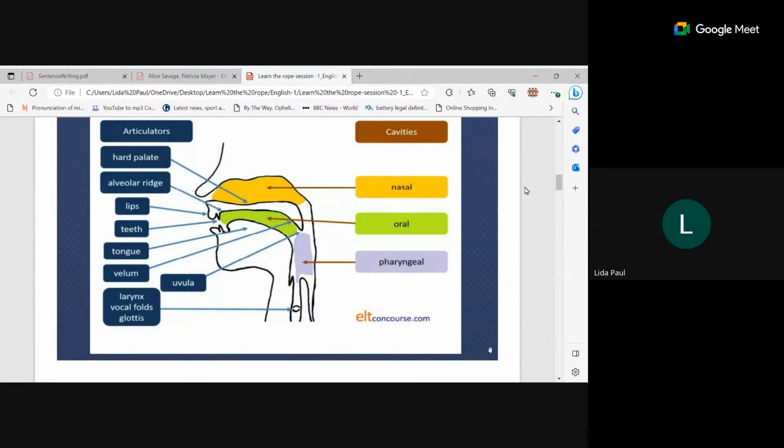And to be precise, what does this show? This basically shows the articulators involved in the speech production mechanism in human beings. That is, this is what lets you speak, right? What lets you speak? The exhalation of air through this vocal tract, through these cavities that you see here, right?